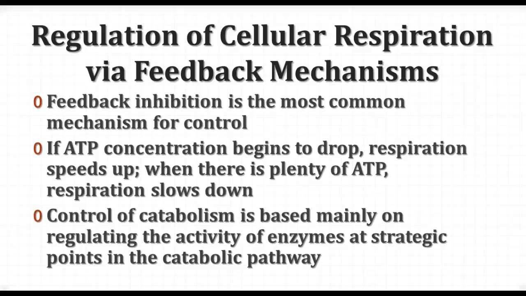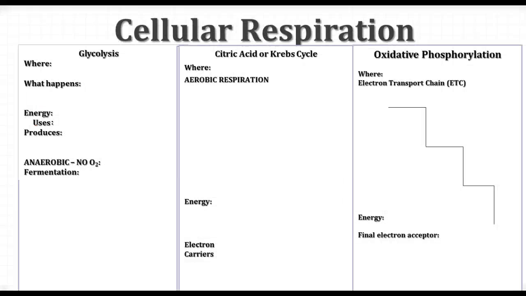Feedback inhibition is a very important mechanism for controlling all kinds of processes. If there's not enough ATP, then the respiration cycle is going to speed up, and when there's plenty of it, it's going to slow down. The control of this depends on regulating the enzymes at different points in the pathway.